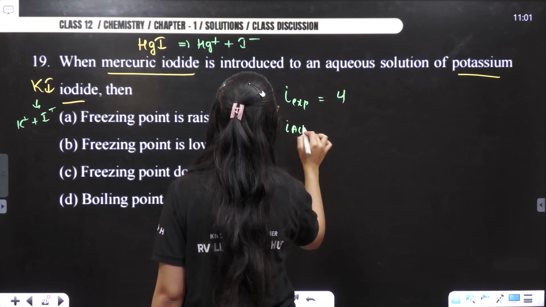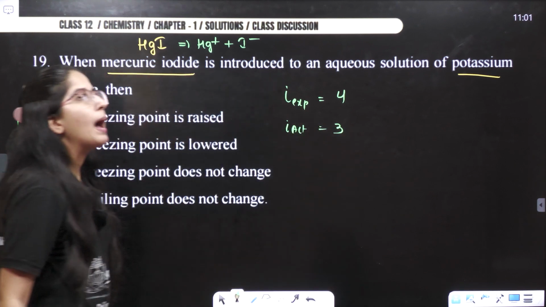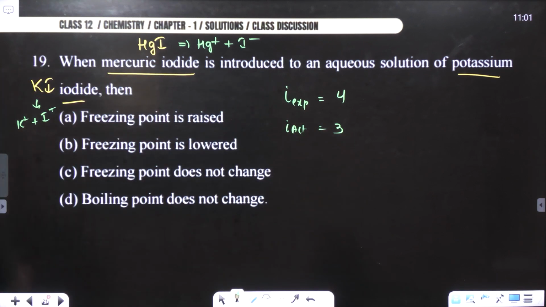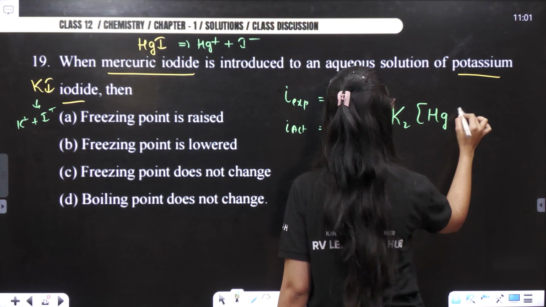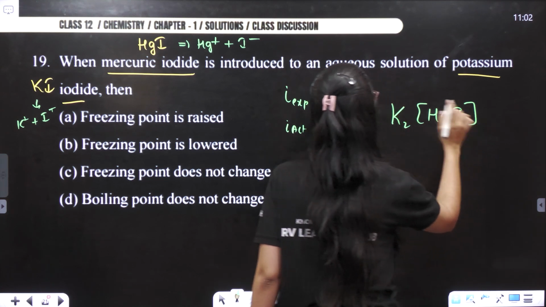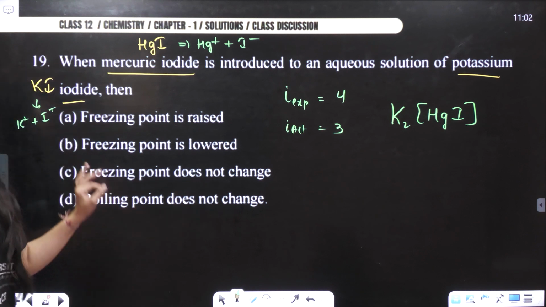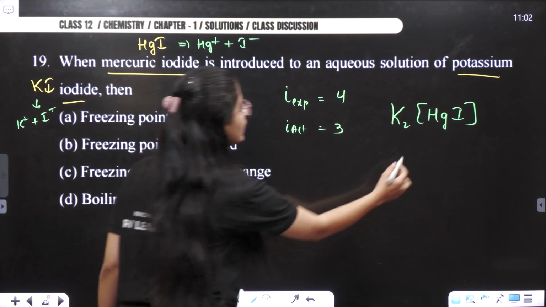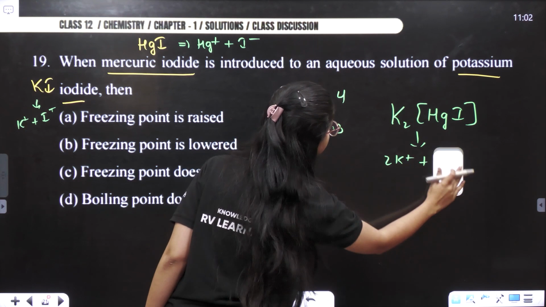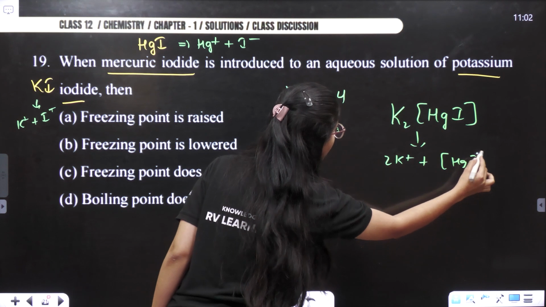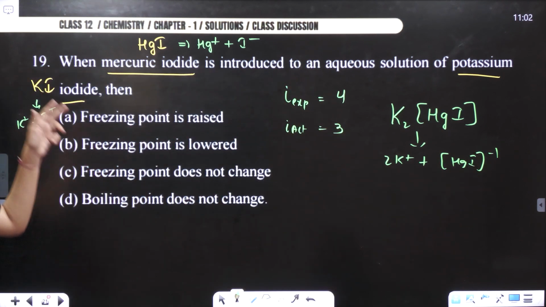But the actual i value will be 3, because it will form a complex. As it is forming a complex, it will be considered as 3, because the complex formed here will be K2HgI4. This complex will dissociate into 2K plus and HgI4 2 minus.